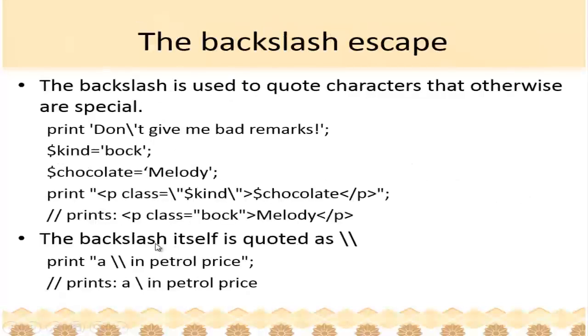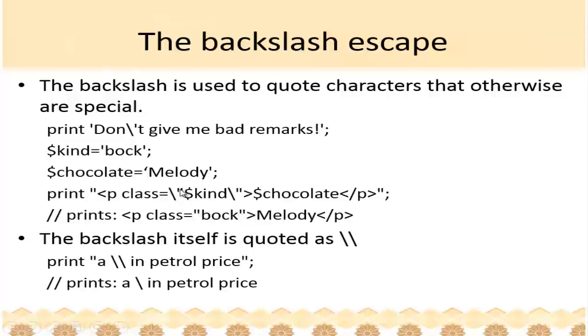Then about the backslashes, I think you're familiar. There is a block and a melody in the two variables, and I'm using the slashes to escape it. So if you notice here, I want to get P class is block, and I want it to be inside double quotes.